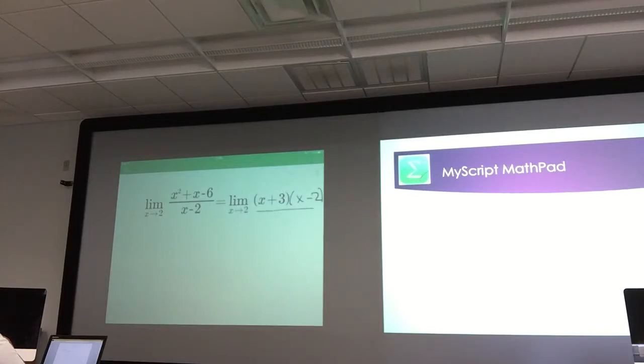So in the process of working an example, I can do a real-time example with the students, and it's providing me with a nice demonstration of it. Ask the students what's next, cancel, we continue the process, it adds the information, and we finally get to a point where we can use direct substitution. It's all written out nicely.